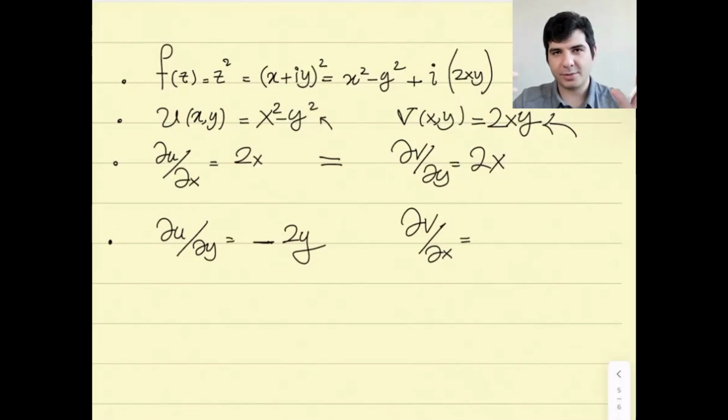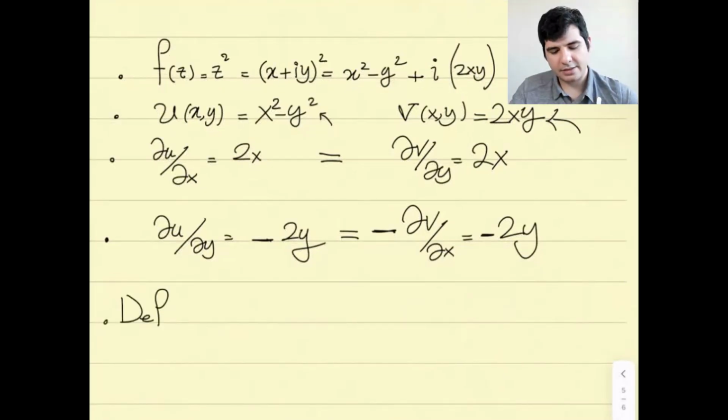When I take the derivative with respect to x, the derivative would be its coefficient, which is 2y. The Cauchy-Riemann equation says the derivative of u with respect to y should be equal to minus the derivative of v with respect to x. Well, minus 2y is equal to minus 2y times... so they do satisfy it.